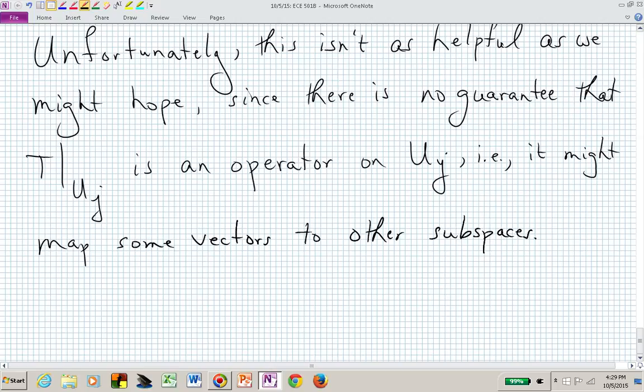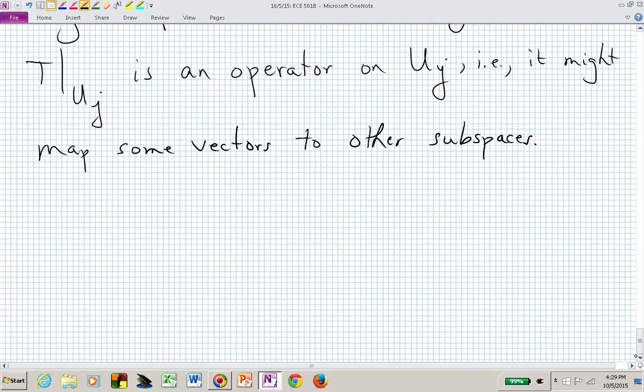Let's look at an example of that, which is a fairly straightforward example, but I think it will start to make it a little bit more clear what we mean by a linear map being an operator on these subspaces in the direct sum decomposition.